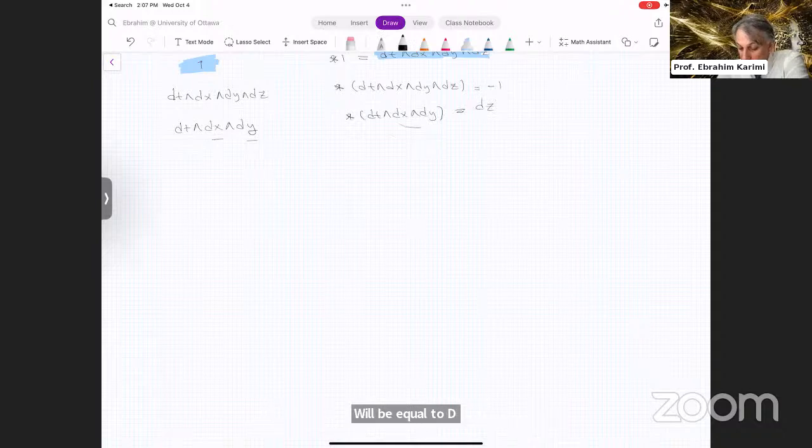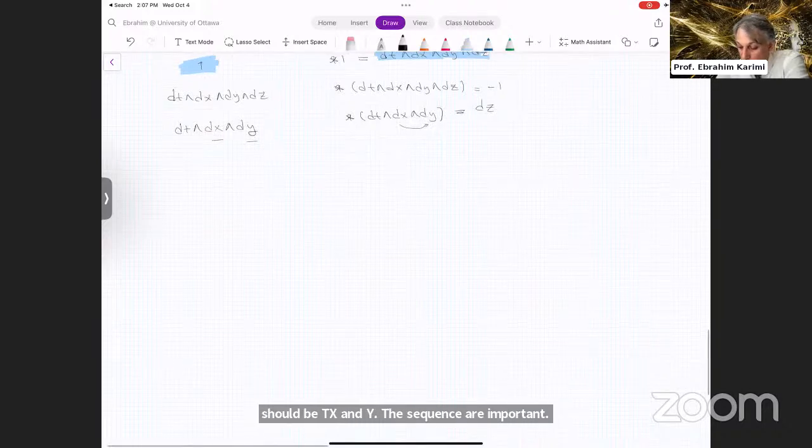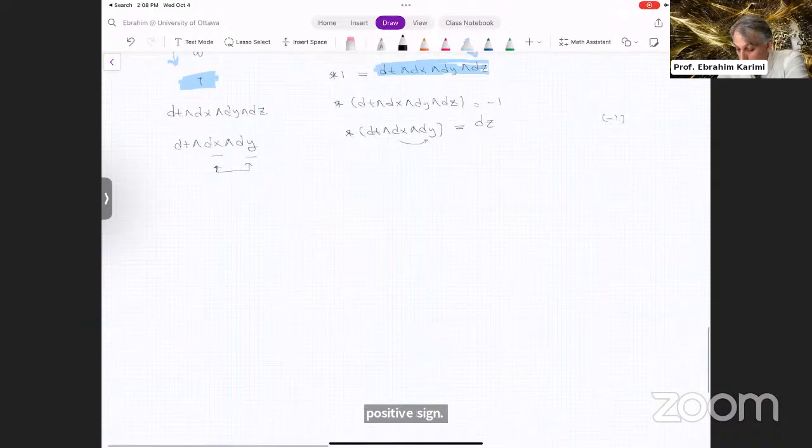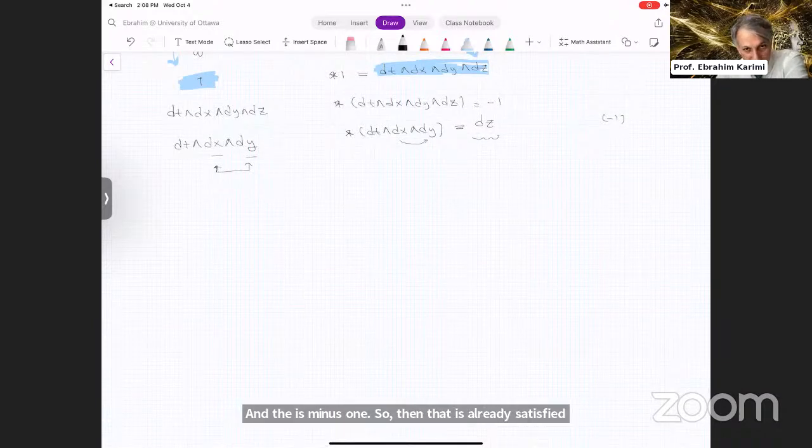First of all, the sequence is important because it should be t, x, and y. The sequence is important. Some people ask why we don't have a -1. I say that because here you have the positive sign and the metric is -1, so that is already satisfied, and the result of this will be equal to plus dz.